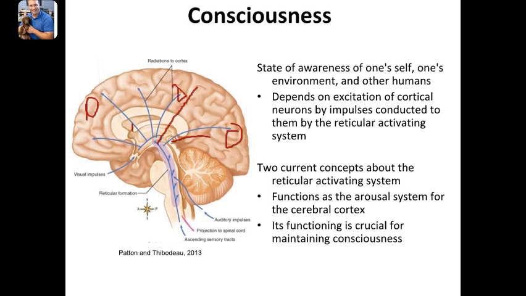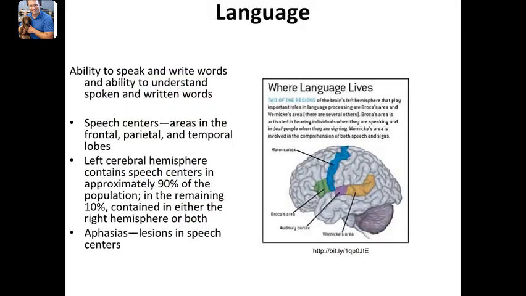Language: we talked about Wernicke's and Broca's areas, two little spots in areas of the cortex where language is going to be interpreted and speaking is going to be made possible. And interestingly, in the left hemisphere, the left side of your cerebrum, speech centers are going to be present in about 90% of the population.